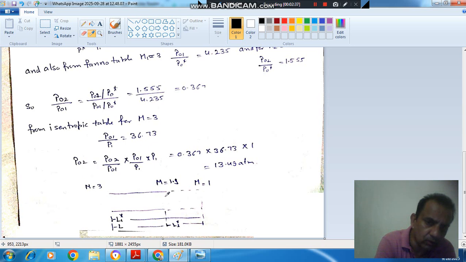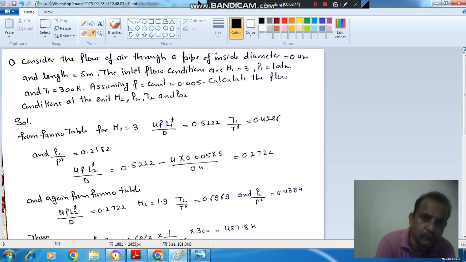Now we have the actual length L equal to 5 meters. For L equal to 5 meter, we can calculate the value 4FL by D. The maximum length is L1 star for Mach number 3.